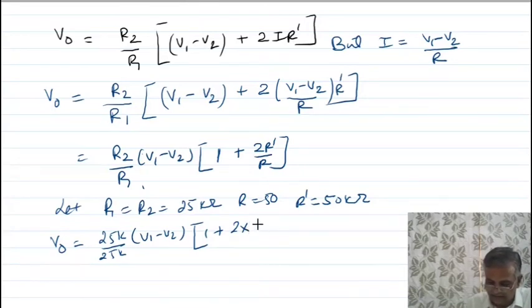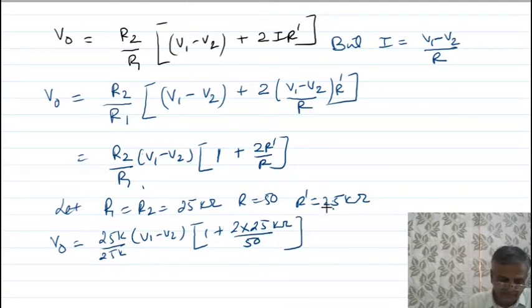Let me change just to get the easy calculation. This is also 25 kilo. Otherwise calculation will be lengthy. Here verbally you can do. That's why I have done like this.